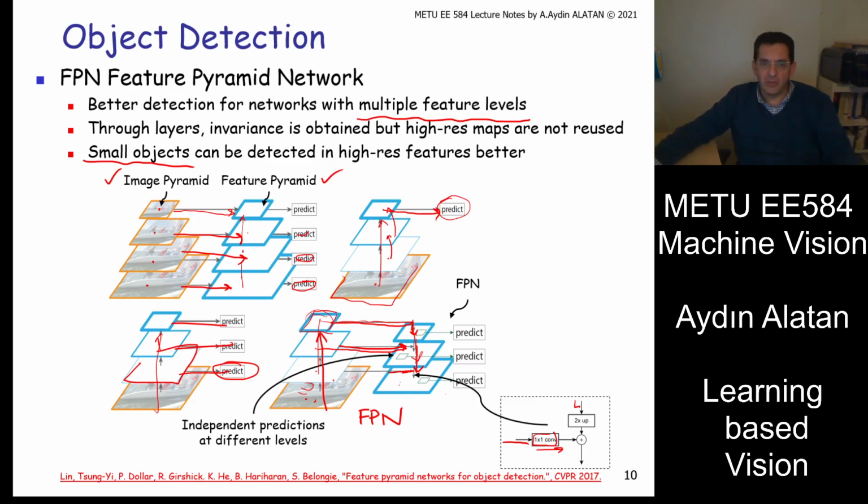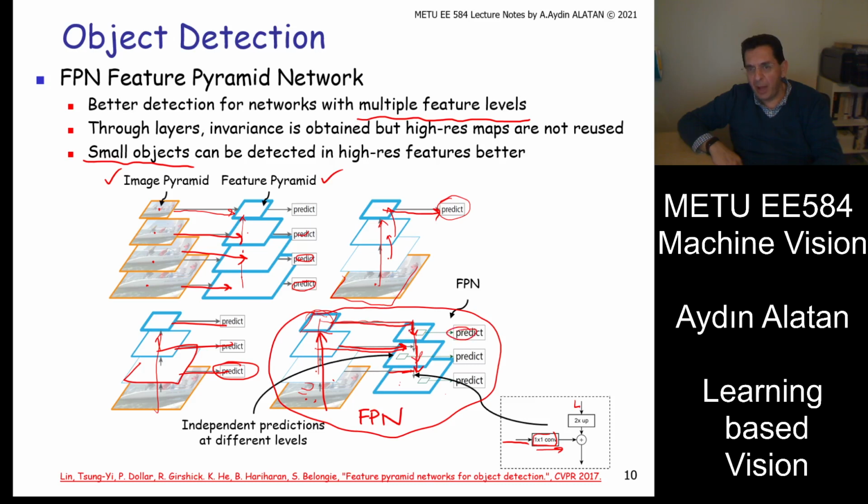Therefore, this is called a feature pyramid network, and feature pyramid networks are quite useful, and many algorithms prefer to use this kind of strategy while making predictions about objects.